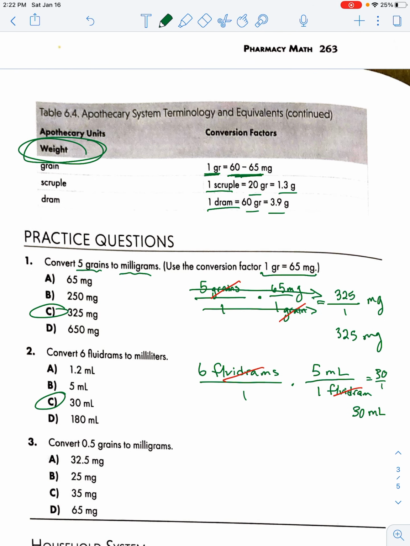All right, number 3, convert 0.5 grains to milligrams. We know 1 grain is between 60 and 65 milligrams, and they told us to use the conversion factor. 1 grain is 65 milligrams. So we'll write 1 grain at the bottom and 65 milligrams at the top.